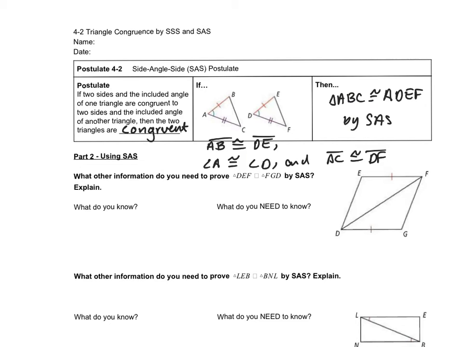They have two congruent corresponding pairs of sides, and the angles that are corresponding and congruent are included, which means that these angles are in between these two sides.